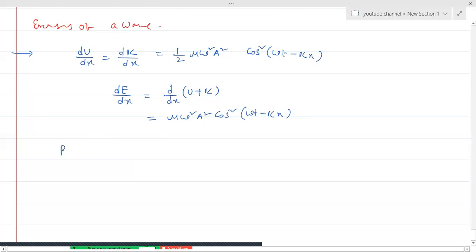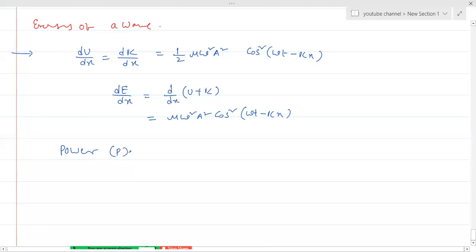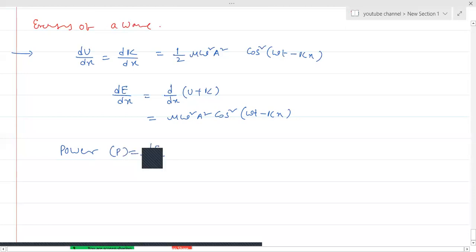And now we are talking about the power. P is equivalent to dE by dt, or we will call it dE by dx into dx by dt. That is nothing but v into dE by dx.